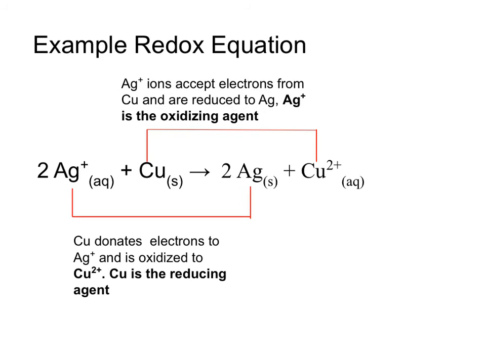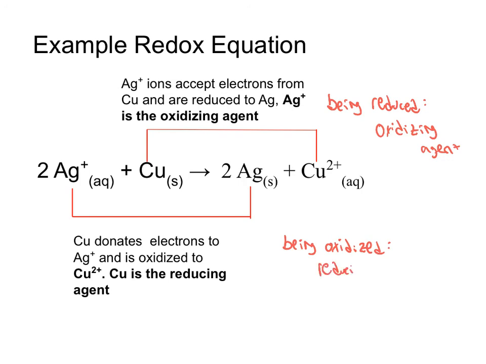And so the species that is being reduced in a reaction is also the oxidizing agent. Likewise, the species that is being oxidized in a reaction is acting as the reducing agent.